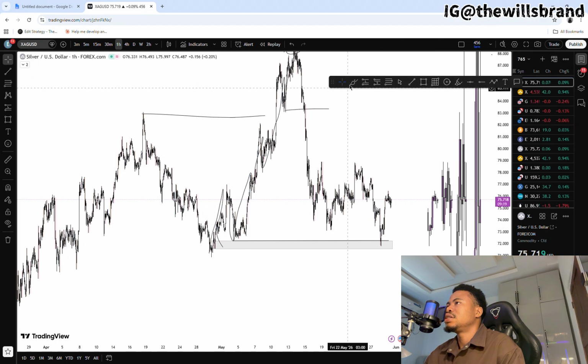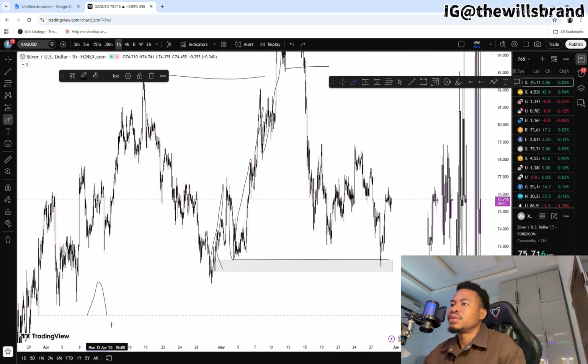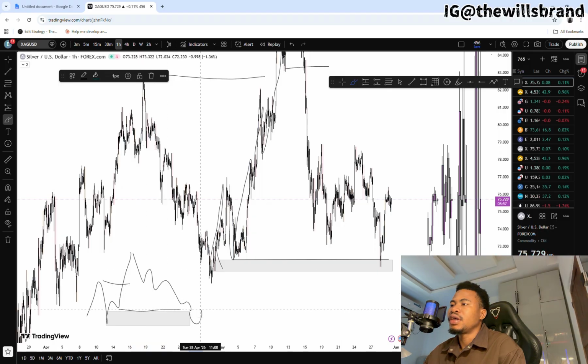So this is the structure, price broke structure. So price does something like this, breaks structure. So this internal range liquidity that is closest to our POI, right? This becomes our inducement. So we'll have to wait for price to come here, then we'll buy, and that's it.